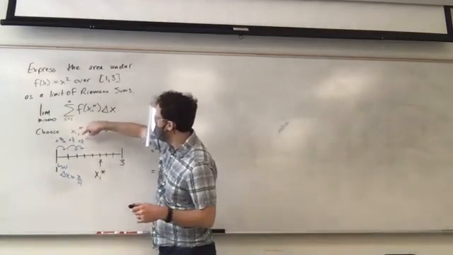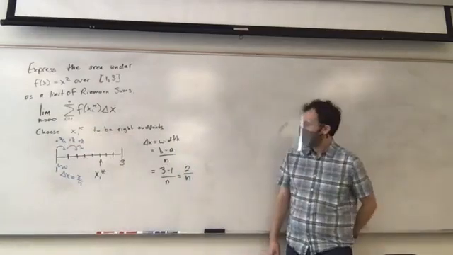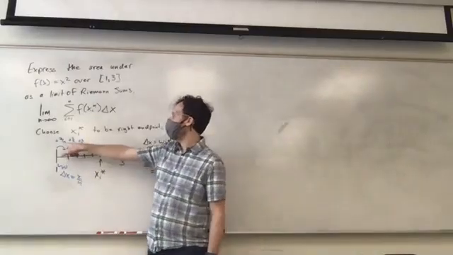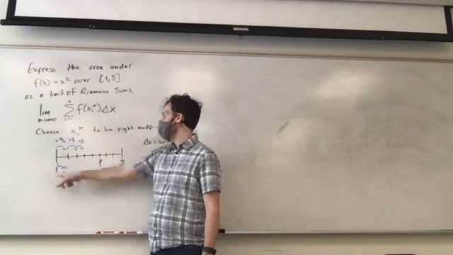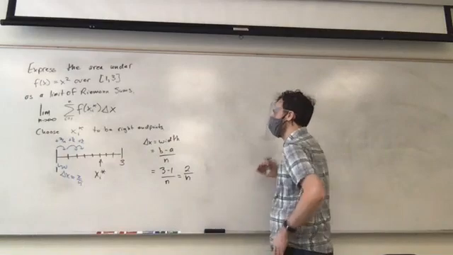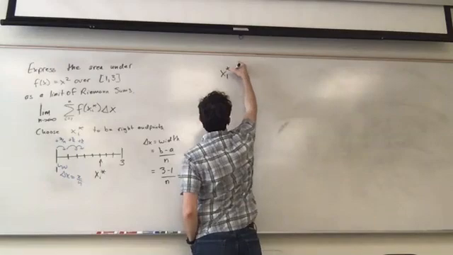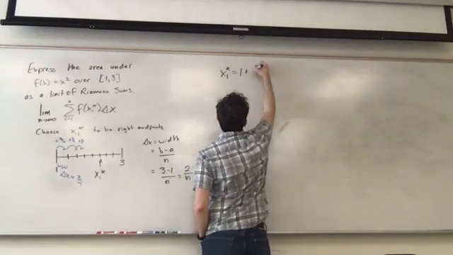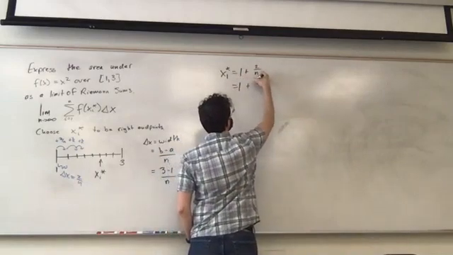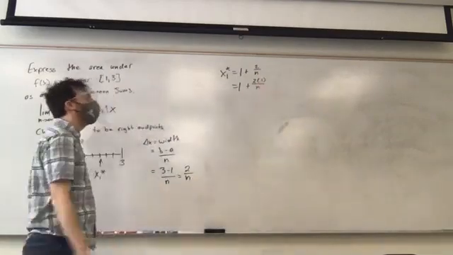And what this jumping little 2 over n is supposed to say is, how you find these points is each time you move over an interval, you add another 2 over n width, and you start at 1. So x1 is we started at 1 and moved over 1 rectangle, which to start establishing a pattern is 1 plus 2 times 1 over n.